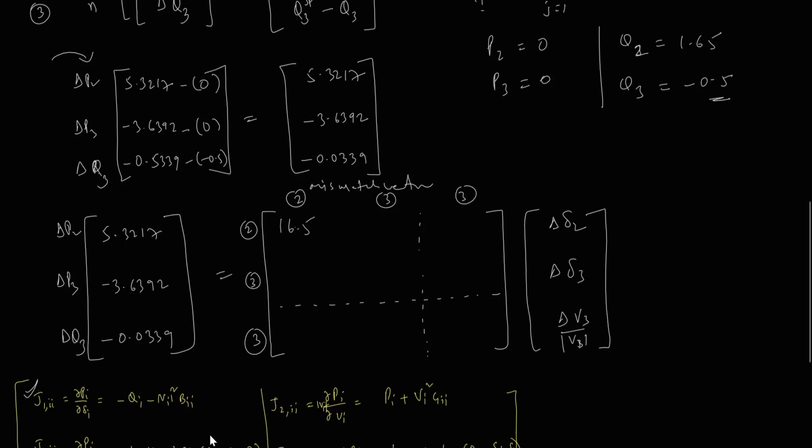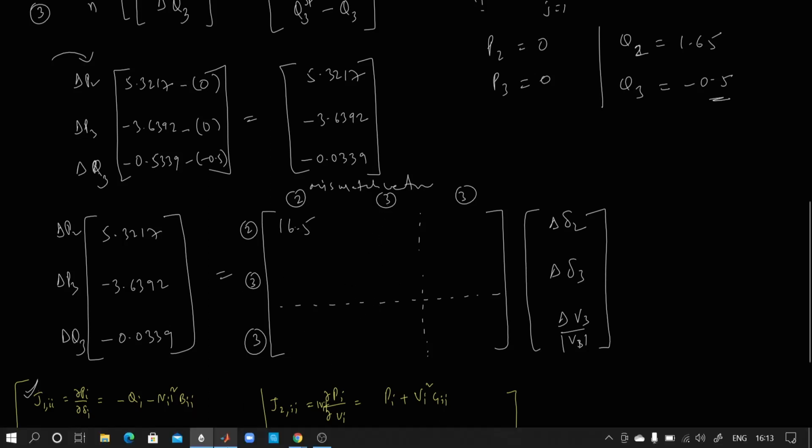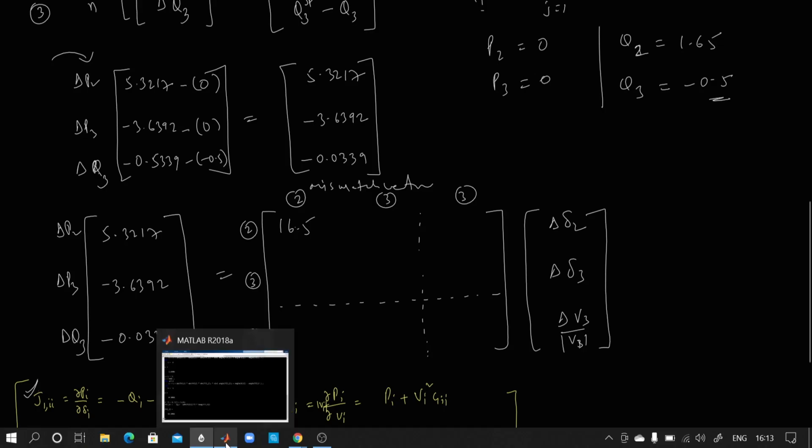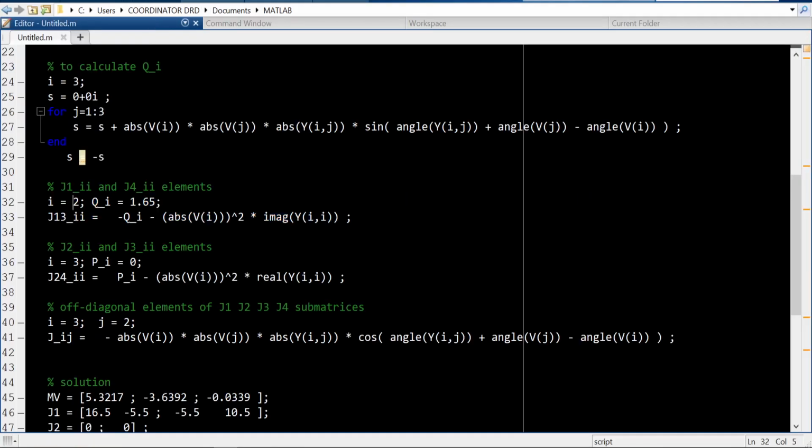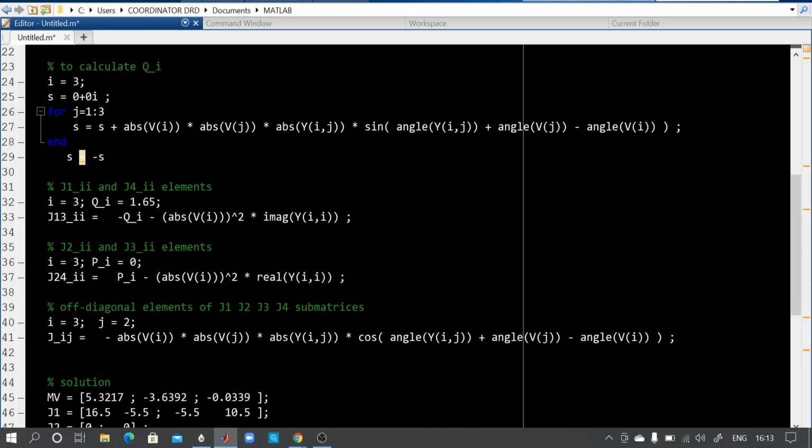Now similarly I calculate the corresponding diagonal element 3 and 3, right? That is J1 3 3. So what I have to do here is replace i with 3 and give the Q3 value. What is that Q3 value?